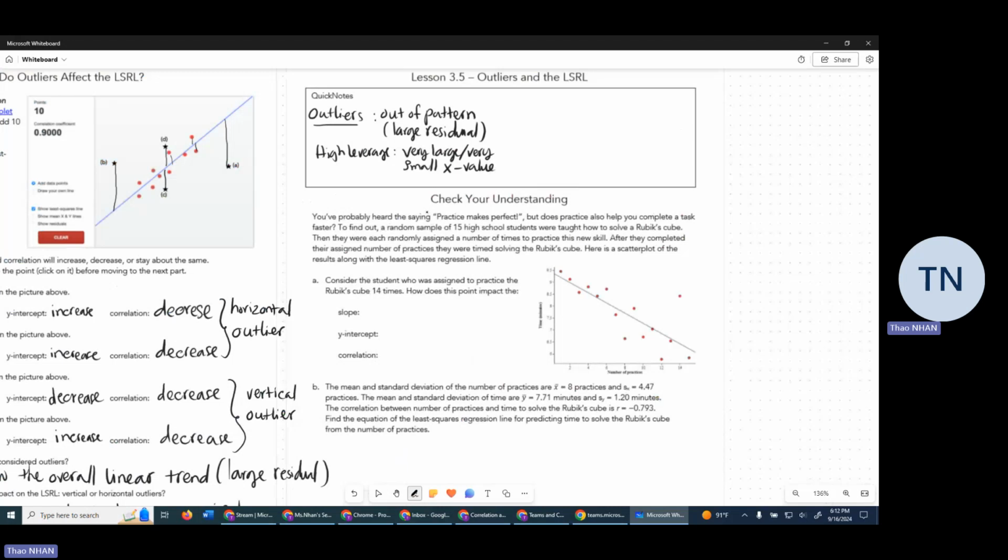Whatever point you're adding here, very large or very small, those are high leverage. Influential means if we remove the point, a big change will happen to your slope, your y-intercept, and to your r, your correlation.